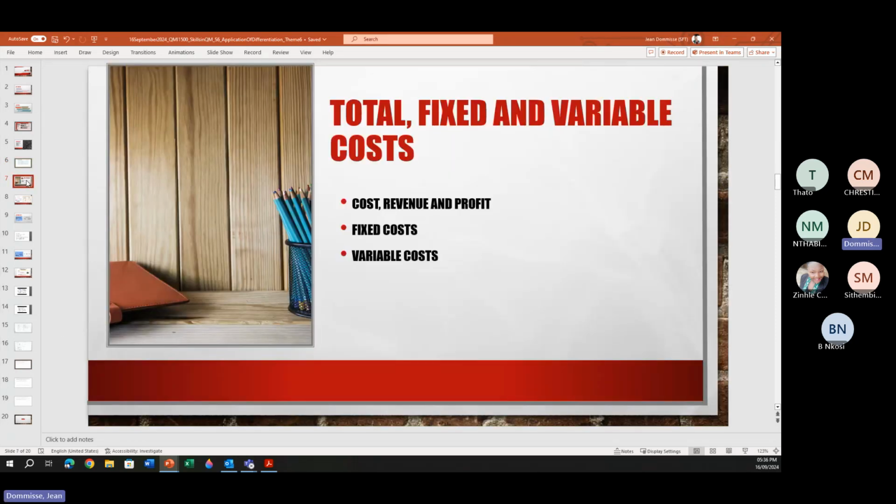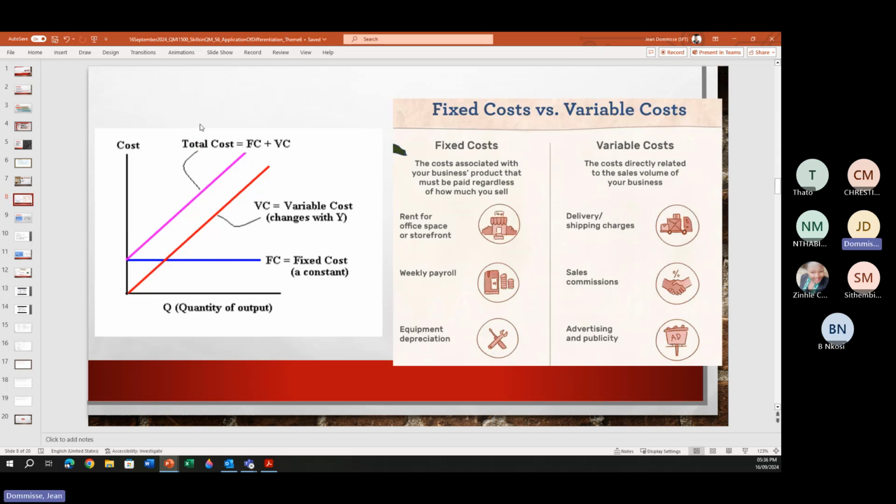Okay, so let's get into a few definitions around total cost, fixed cost, and variable cost. You might have had this at some stage in one of your subjects, but look at it: a fixed cost is nearly a constant cost that you know of.